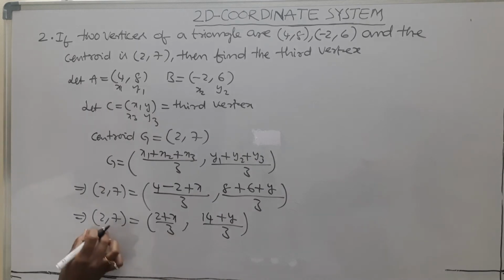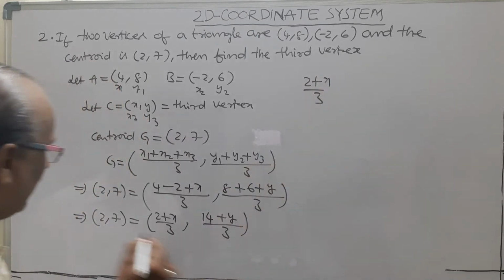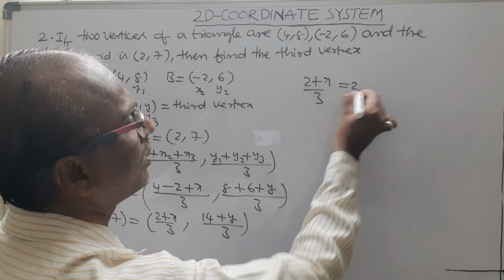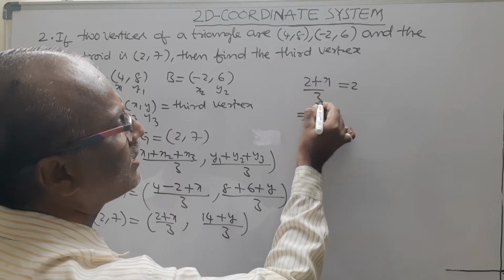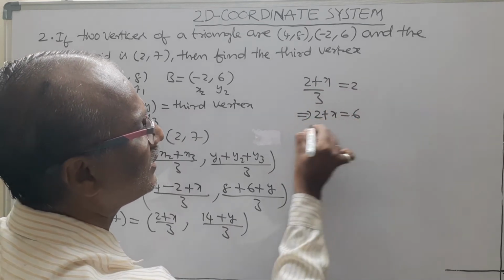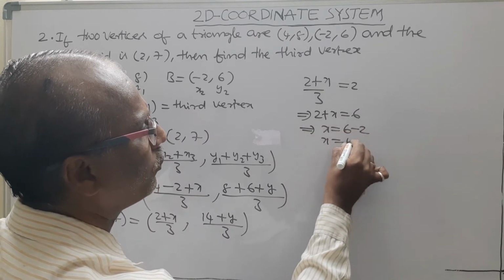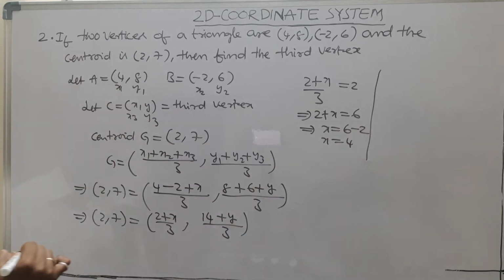Here x coordinate equals x coordinate and y coordinate equals y coordinate. 2 plus x by 3 is equal to 2. Cross multiply: 2 plus x is equal to 3 into 2, which is 6. So x is equal to 6 minus 2, x is equal to 4.